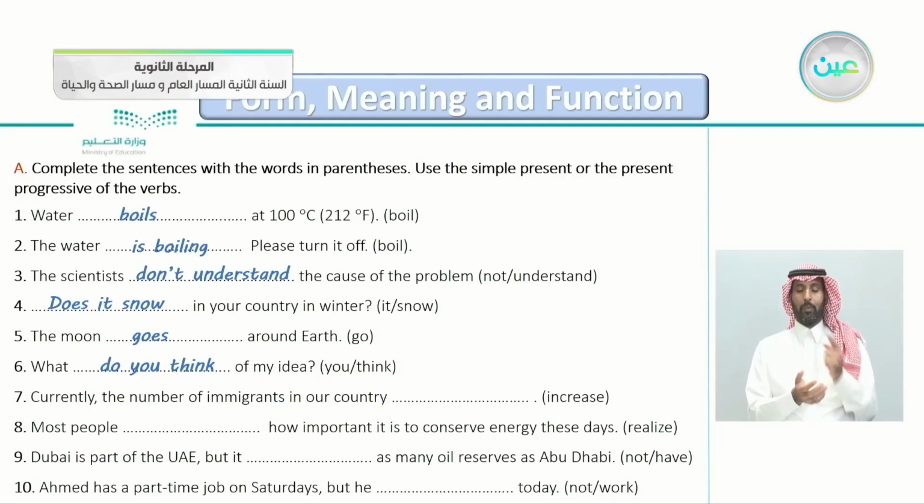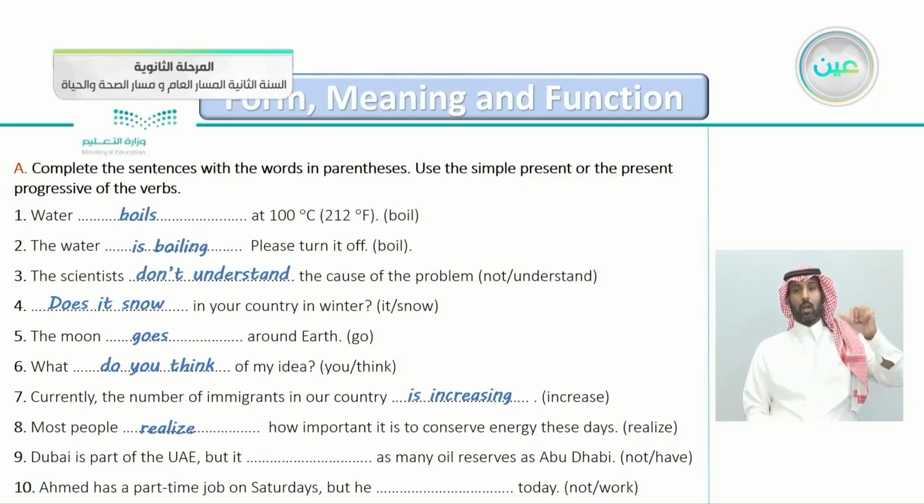The number of immigrants in our country, yes, is increasing. We use the progressive here. Number 8, most people, how important it is to conserve energy these days, and the verb is realize. So the answer is yes, most people realize how important it is to conserve energy these days.